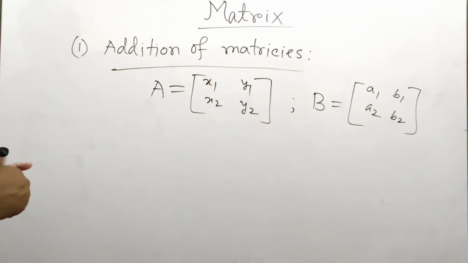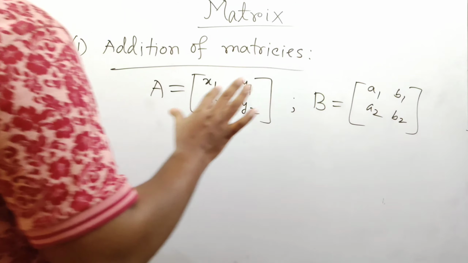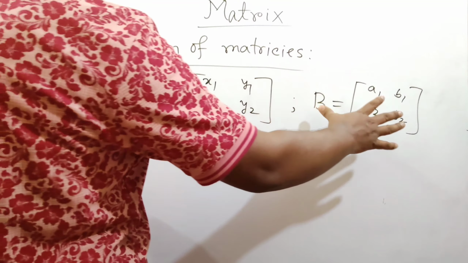When you do the addition of two matrices, the order of these two matrices must be the same. Here it is a 2 by 2 matrix, so this is also a 2 by 2 matrix. Otherwise you can't add two matrices.